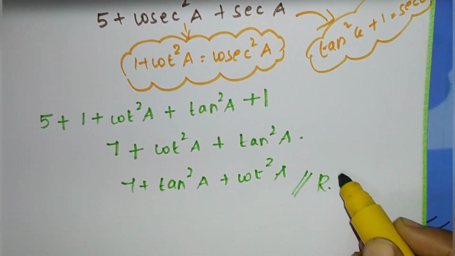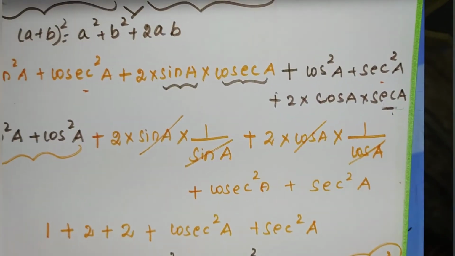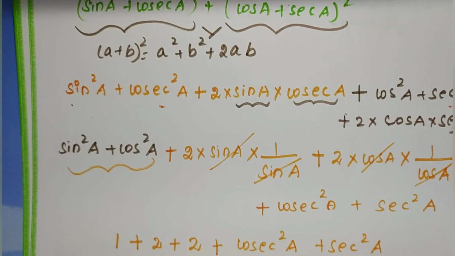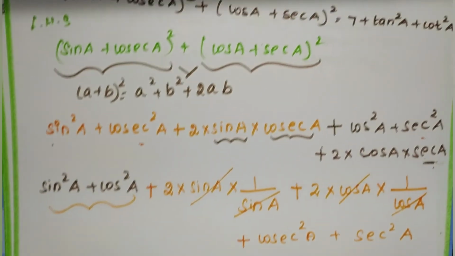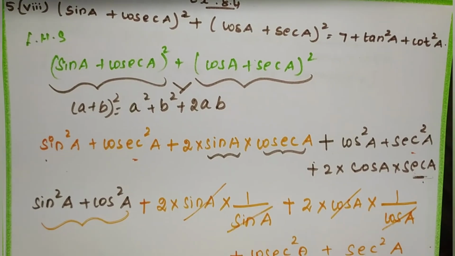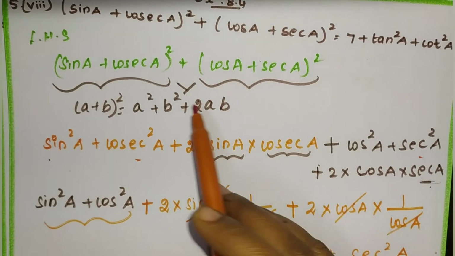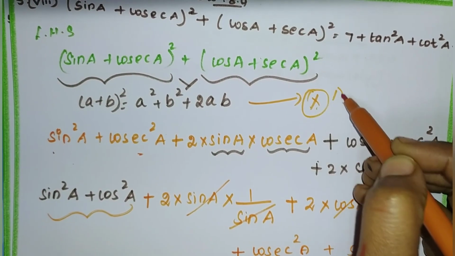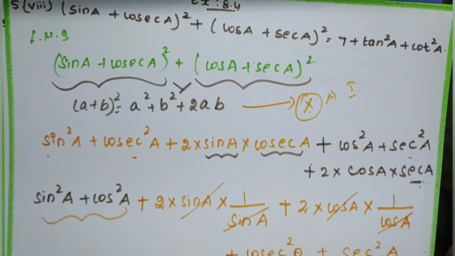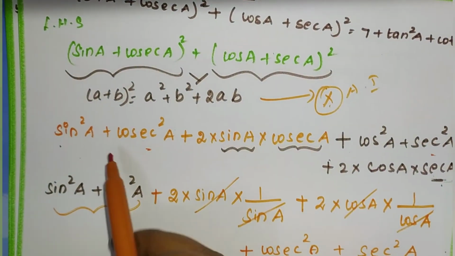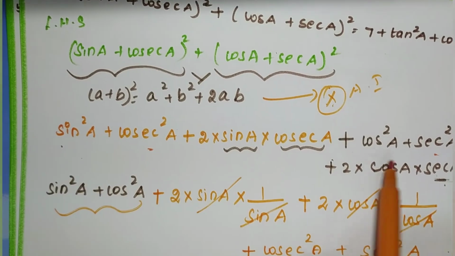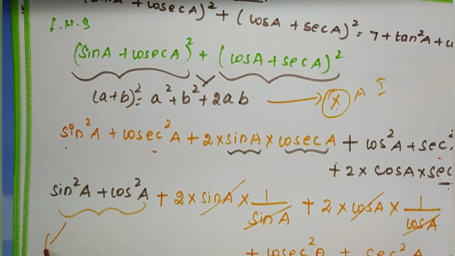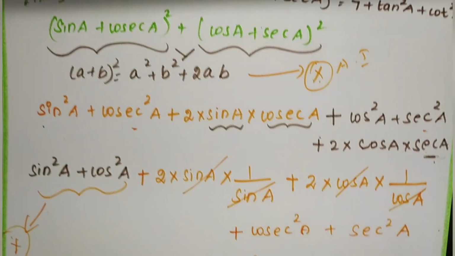We got the RHS. Actually, this is a very important problem, an important 3 mark question. So what do you have to remember in this problem? First, the algebraic identity: you have to apply it. And then you have to combine sin square A and cos square A; this step you have to remember.